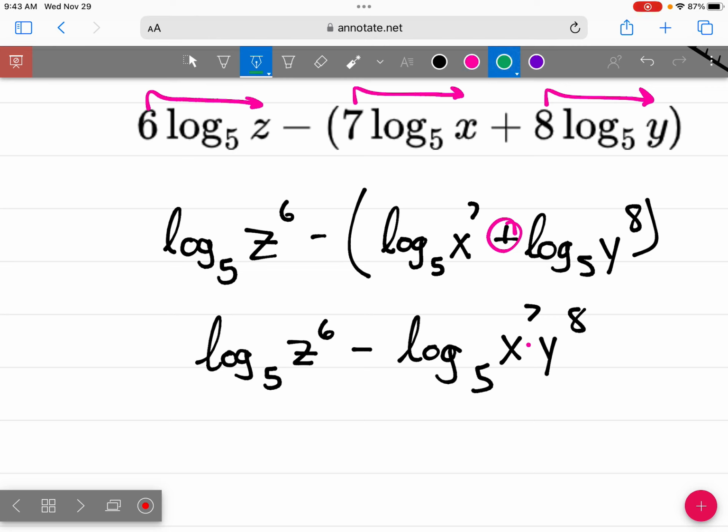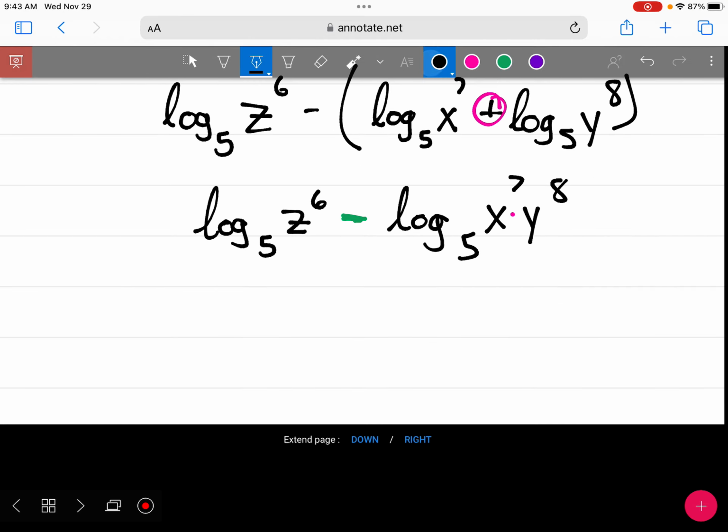And then we're going to use our quotient, where our subtraction becomes division. So we're going to have log base 5 of the fraction. My numerator is my z to the 6th. My denominator is x to the 7, y to the 8. That's a z, not a 2.